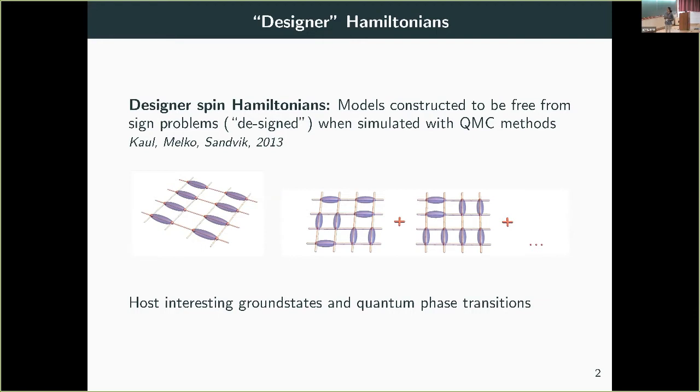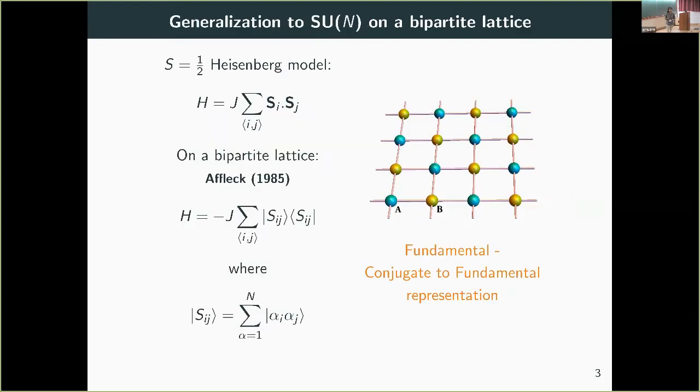So how do we introduce quantum fluctuations? One way is to increase the symmetry of the model from SU(2) to SU(N). The spin half Heisenberg model is SU(2) symmetric, and on a bipartite lattice, I can carry out a unitary transformation on one of the sublattices, say the yellow sites here.